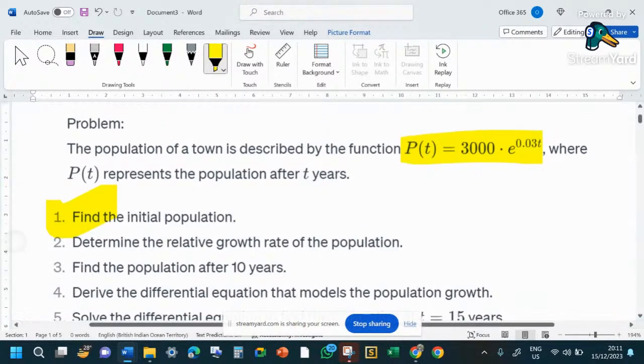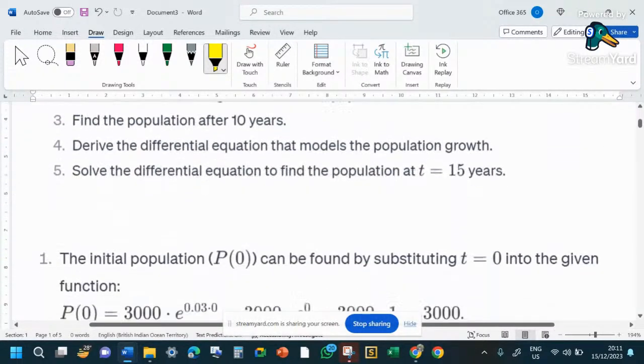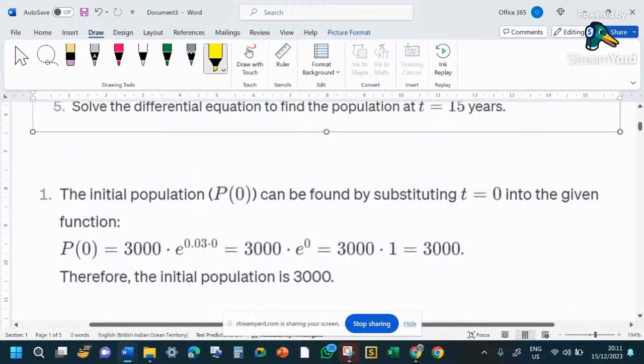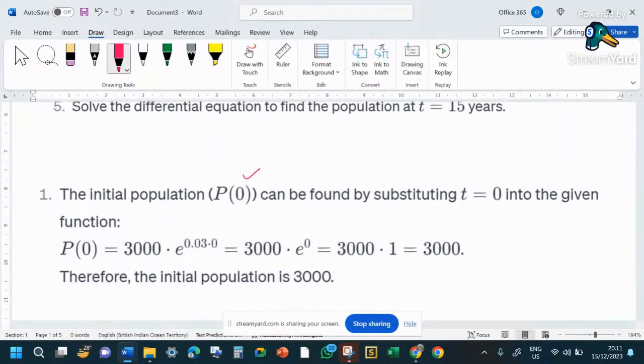First off is find the initial population. So if you have initial population, then it means that your t will be 0. Remember that our function is P of t equal to 3000 times e raised to 0.03 t.